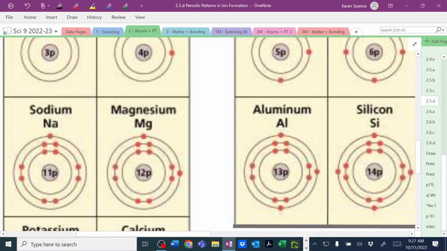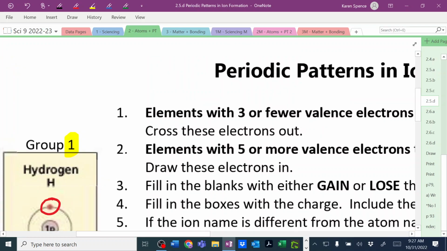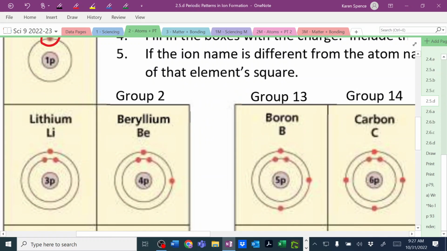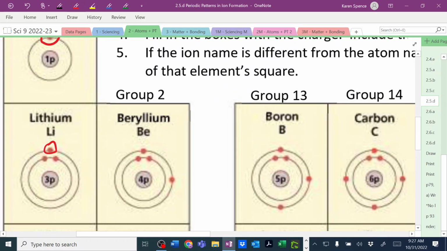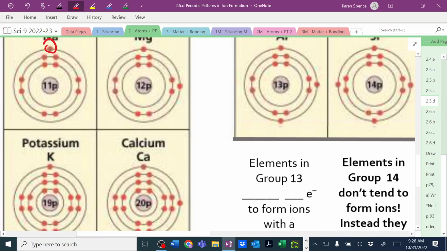They all have 1 in the outermost shell. They all have 1 valence electron. You got 1 there, 1 there, 1 there, and so on, all the way down.